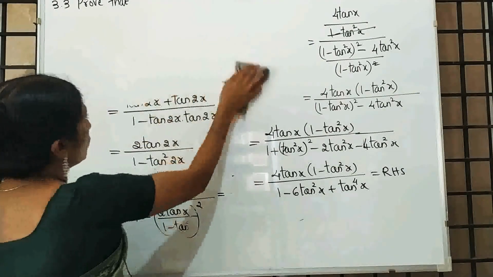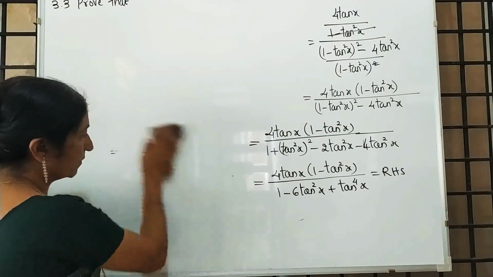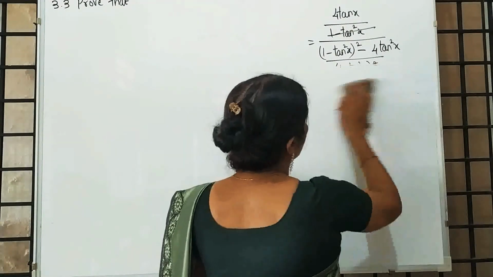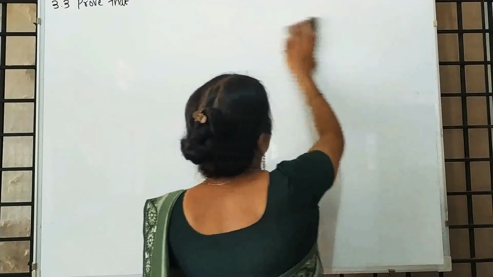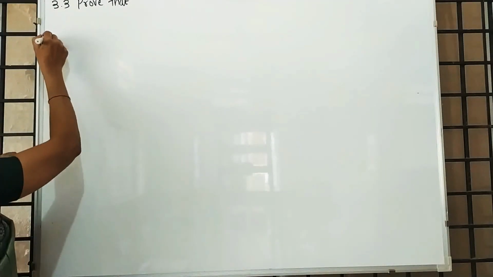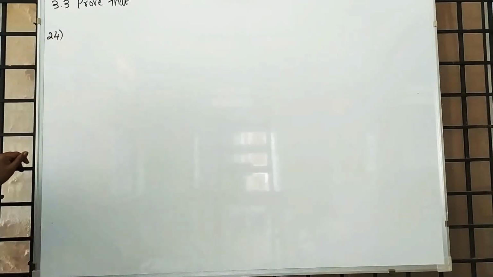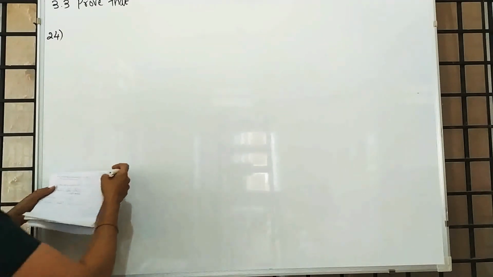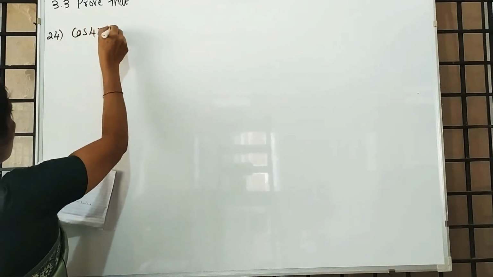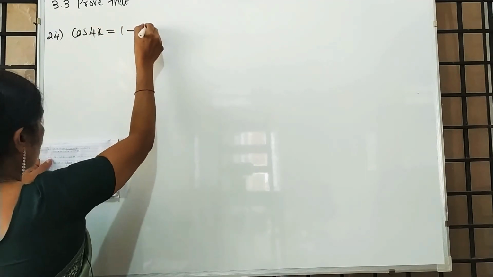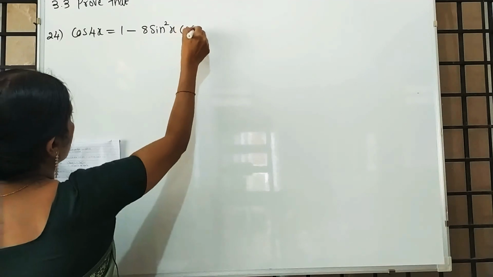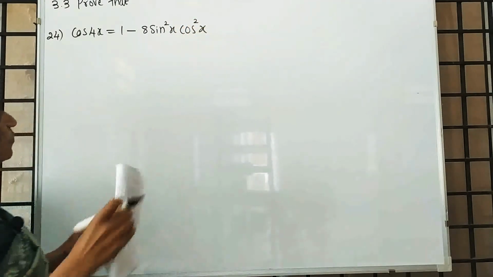Moving to the next question. Question number 24. Cos 4x is equal to 1 minus 8 sin square x into cos square x.